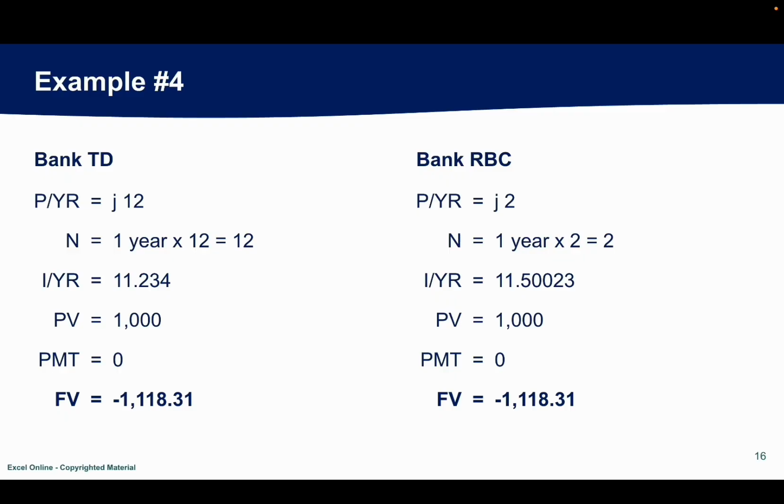1,118.31. Well then, how is this possible since these two rates are different? Well, they're not different. We borrowed the same amount and we owe the same amount at the end. Therefore, these two rates are equivalent rates. So banks may intentionally try to trick the public with the way that they advertise rates.